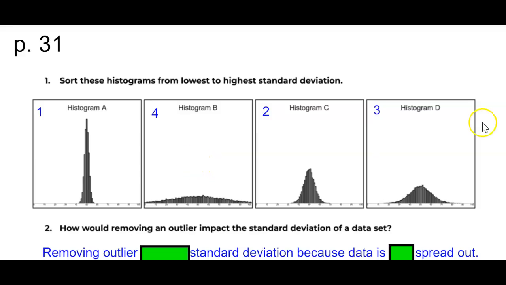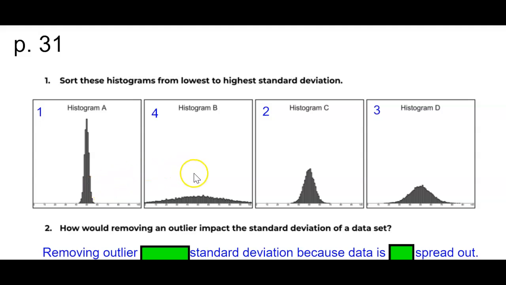So on the next page, if you go over to page 31, it says to sort these histograms from lowest to highest standard deviation. I've got these in number form here, and hopefully you can see and justify why. The number one ranking, lowest standard deviation, is the one that is the steepest in the middle, because all the data is almost in a column here, clustered around the mean.